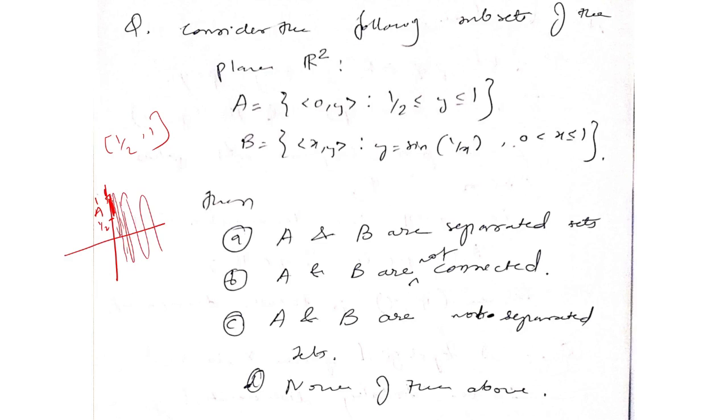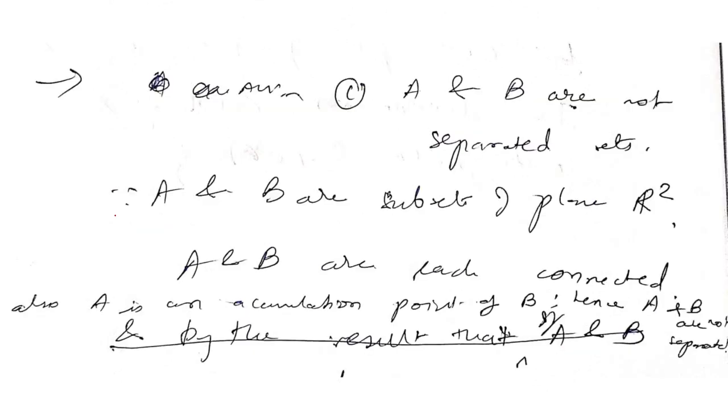Hmm. So what are the accumulation points of this sin 1/x, where x lies between 0 and 1? Does A lie in it? They will come, ma'am. Yes, the whole of it will come, probably. Yes. So from here you can see that A and B are not separated sets.